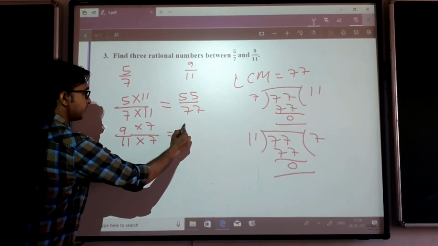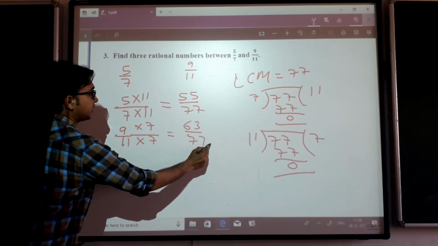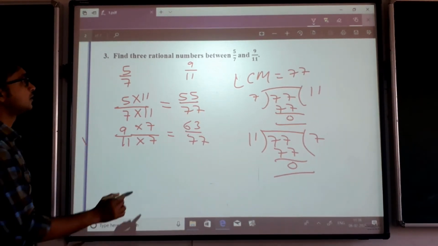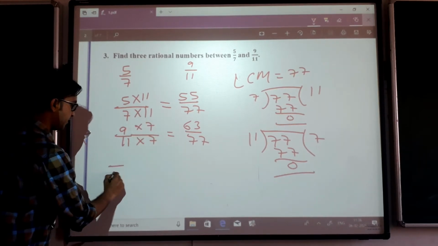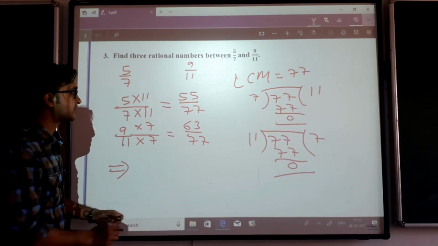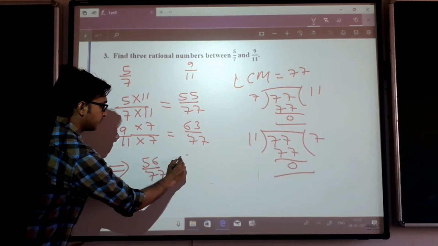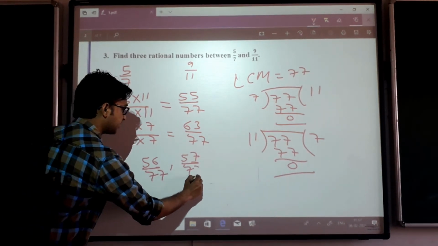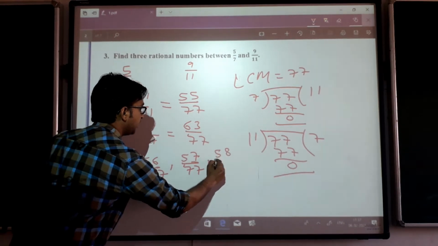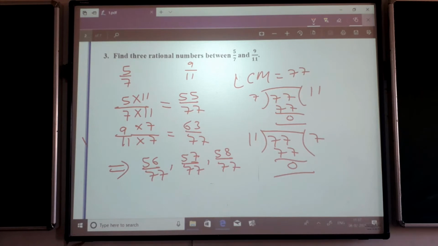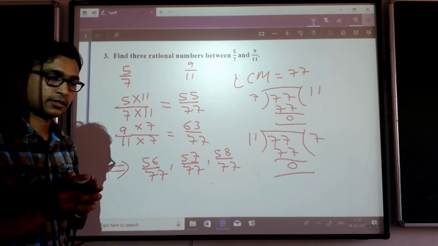So write here 9 times 7 is 63 upon 77. And we need to find only 3 rational numbers. So we can write the 3 rational numbers are 56 upon 77, 57 upon 77 and 58 upon 77. These are the required rational numbers.